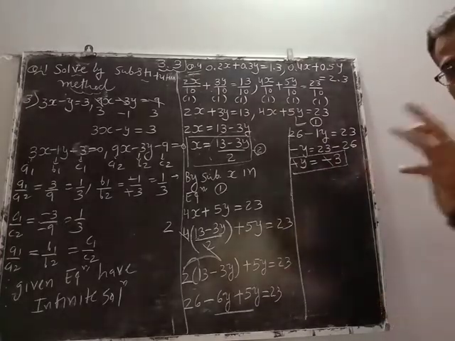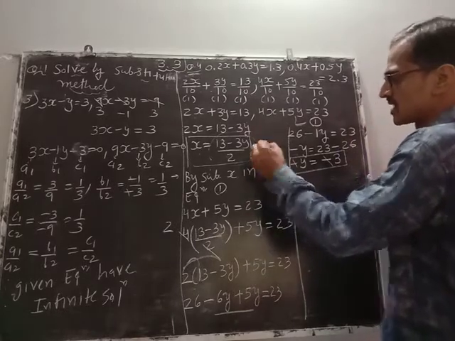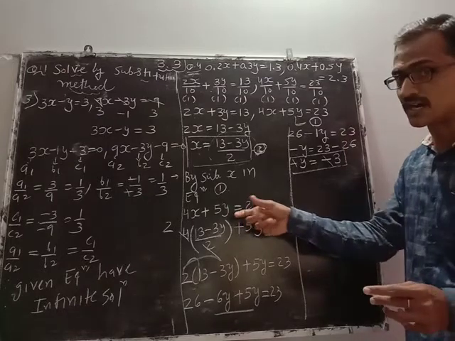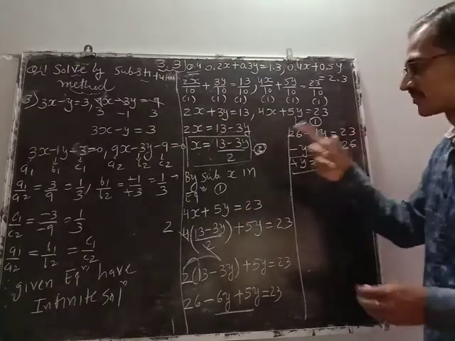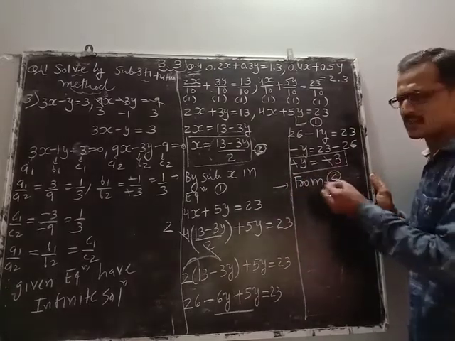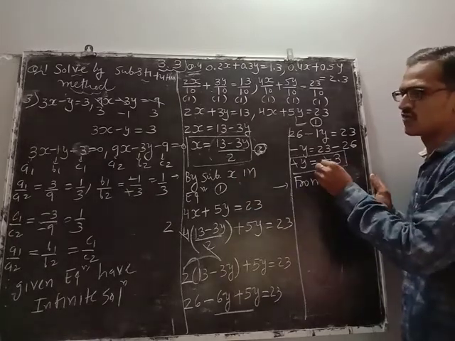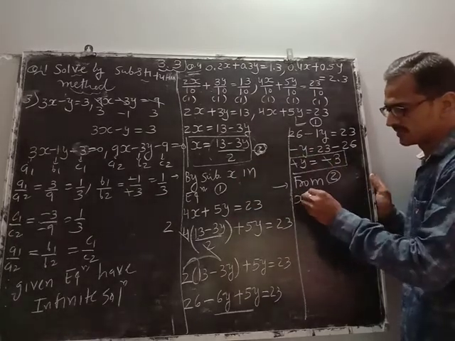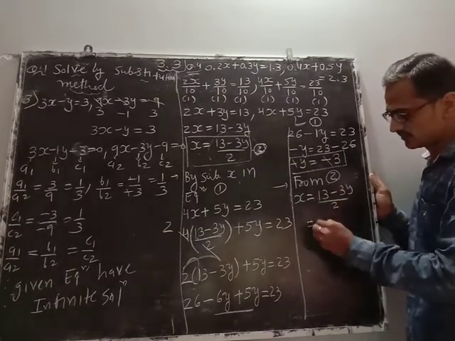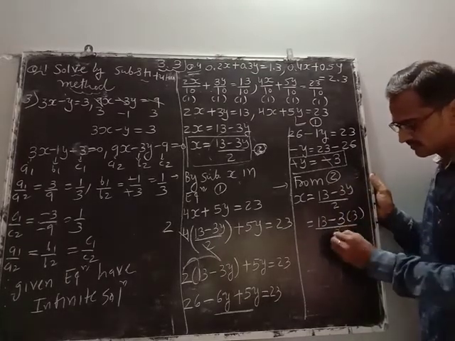Now what will we do? As I told you, we'll get the answer from these two equations only. First equation तो we have solved over here. Use कर डाला. अब किसकी बारी? Second की. So from number 2, by substituting the value of y in equation number 2, x is 13 minus 3y by 2. 13 minus, instead of y, 3, by 2.